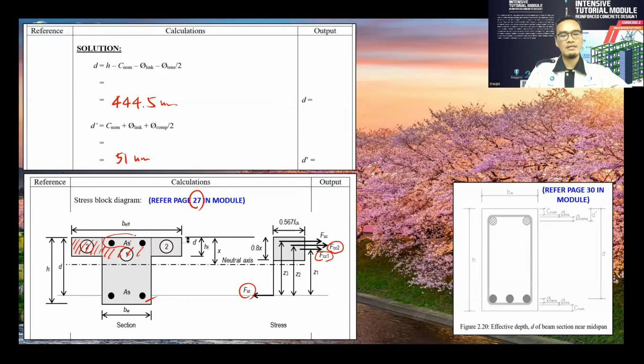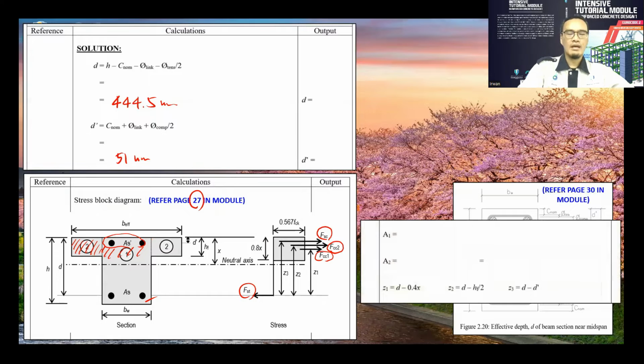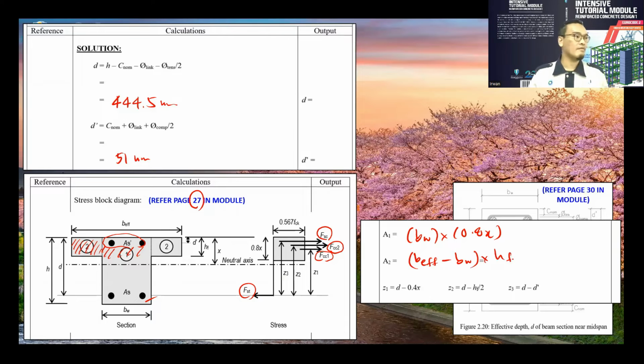And we have the compression reinforcement, which becomes our FSC. The A1 just like before is equal to b web multiplied by 0.8x, and our A2 is equal to b flange minus b web, multiplied by the hf.